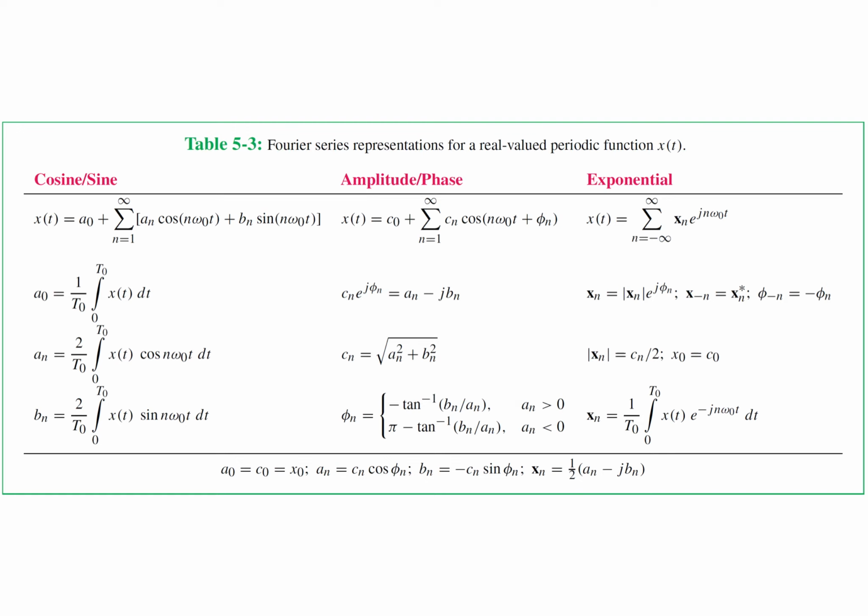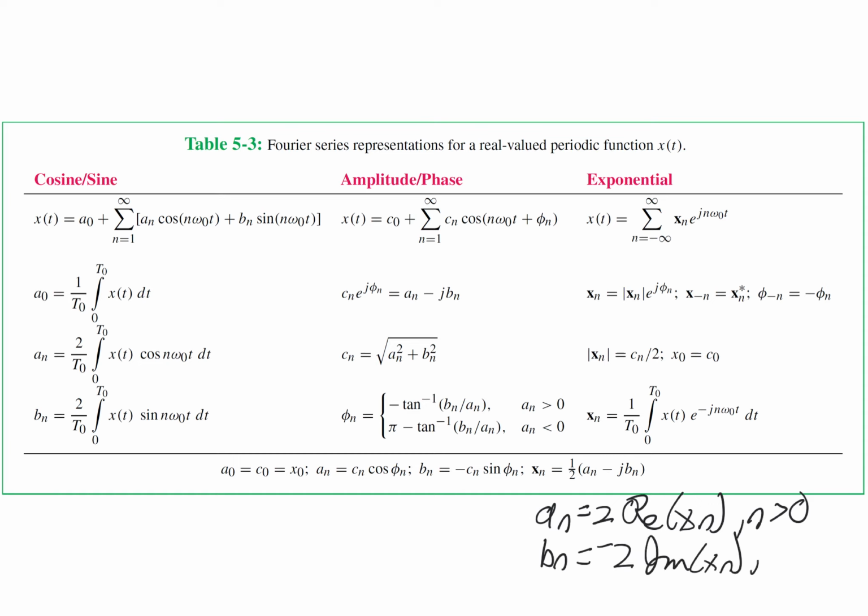When we want to go from exponential to cosine, we simply use this formula here in a different form. So I can see that I can find a of n is twice the real portion of x of n, and that's when n is a positive number, and b of n is going to be negative twice the imaginary portion of x of n when n is a positive number.